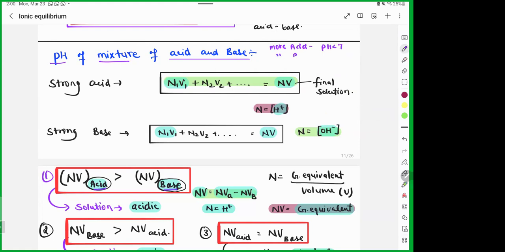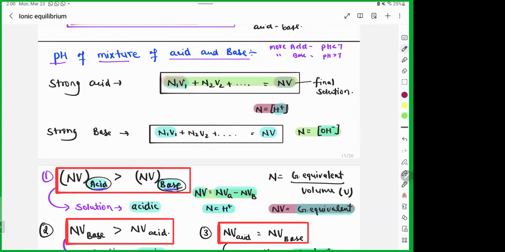If you have more base, then pH will be more than 7. And if acid and base amount is exactly the same, then pH will be 7, neutral. This is the very basic thing. Same thing here. If you have only strong acid, then you will add their equivalent mole.